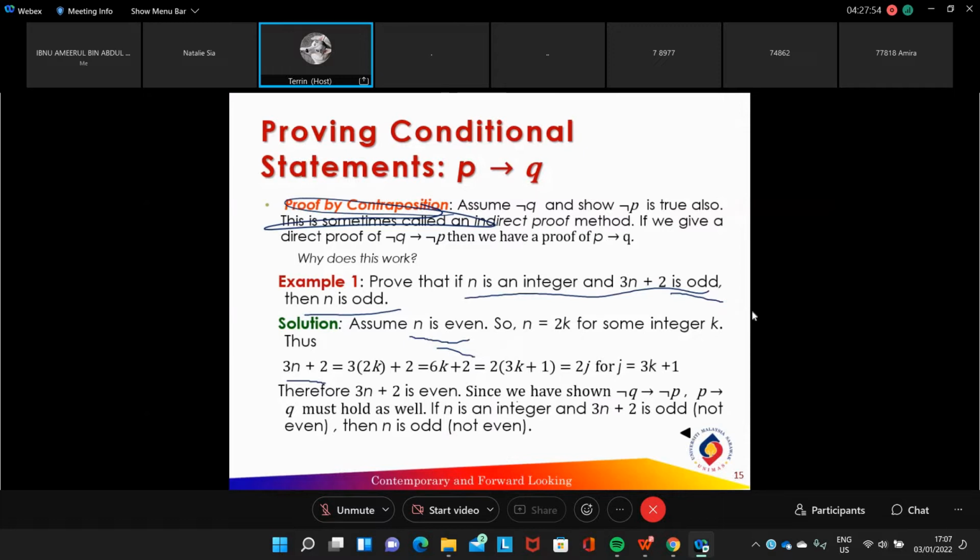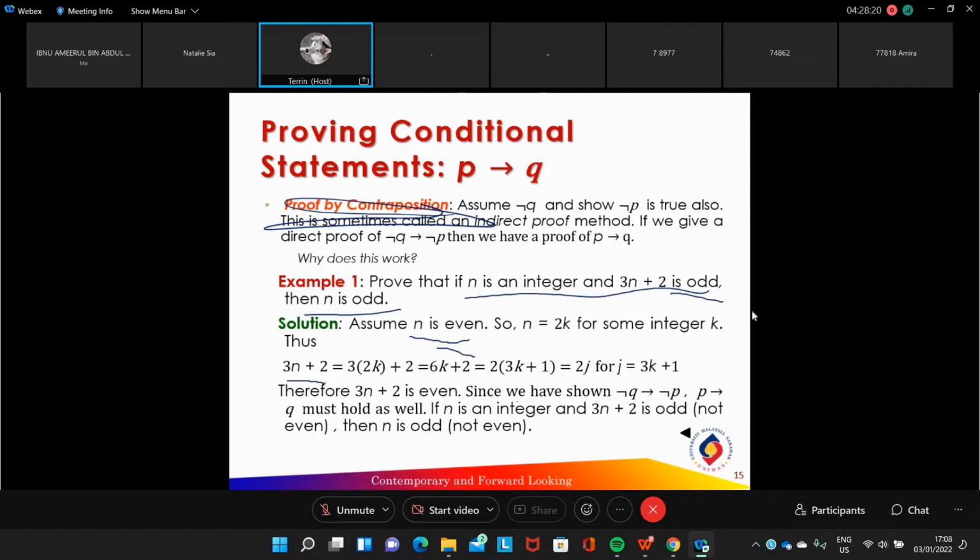That's the time. If it's not stated, they just say give a proof, or prove or disprove the following. Don't go and disprove it, because it's harder to prove something is false. Always try to prove something is true. Then it's up to you whether you want to use a direct or indirect.